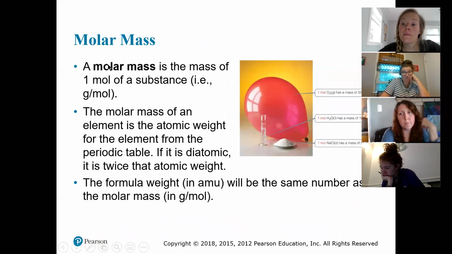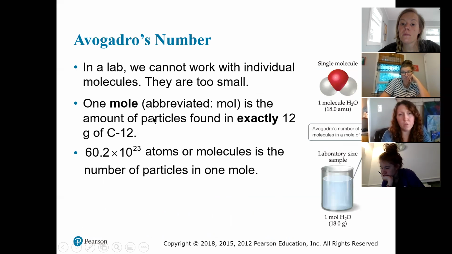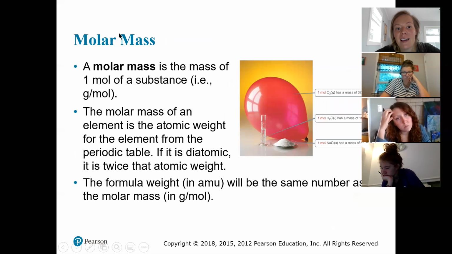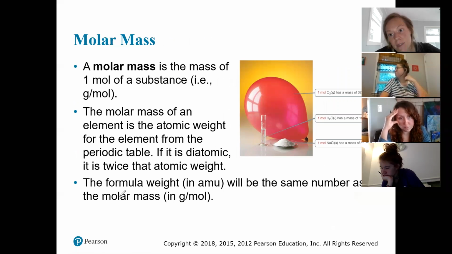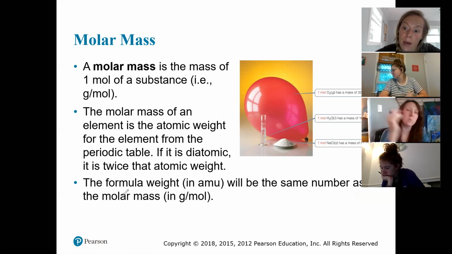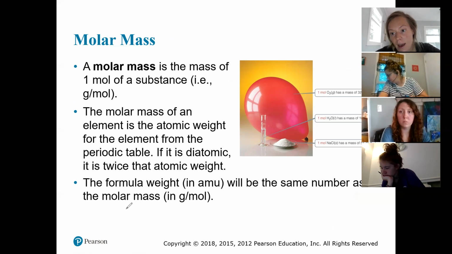Would the unit of Avogadro's number be like particles? Yeah, it would be particles or pieces, or you fill in whatever it is you're talking about. So if I was to say something about an element, it would be how many atoms I have. If I was talking about a compound, it would be how many molecules I have.